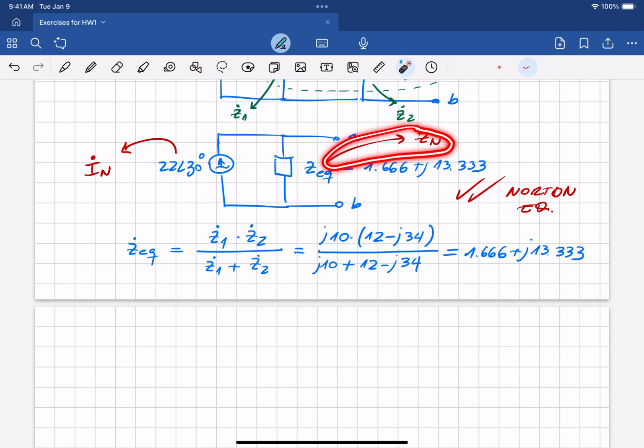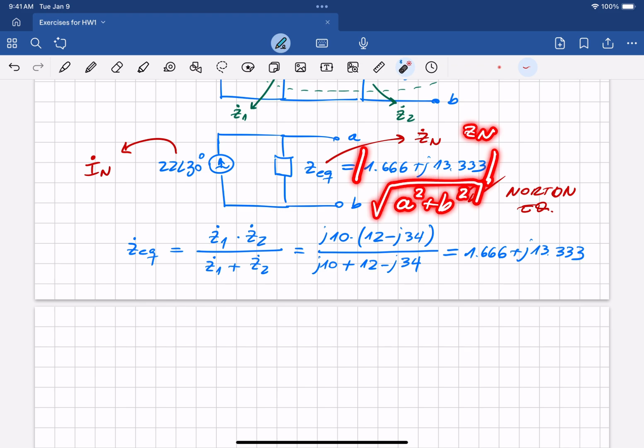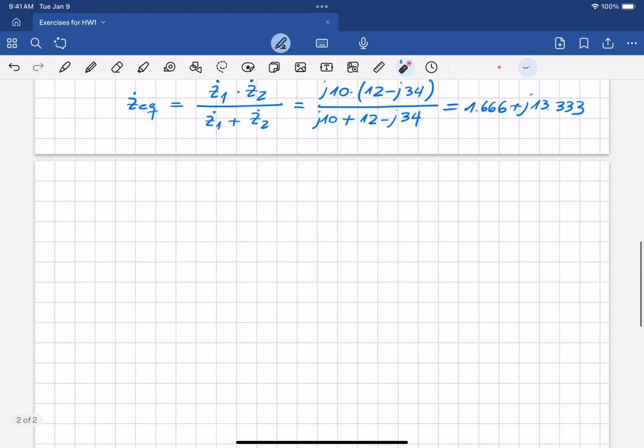Impedances are always referred to as the complete number. If we were using only Zn, then we would refer to the absolute value of this complex number. So we would have to calculate, right? A squared plus b squared, all of that in square root. That would be the amplitude of that impedance. We can see it as a complex number simply. So we're good with that one.